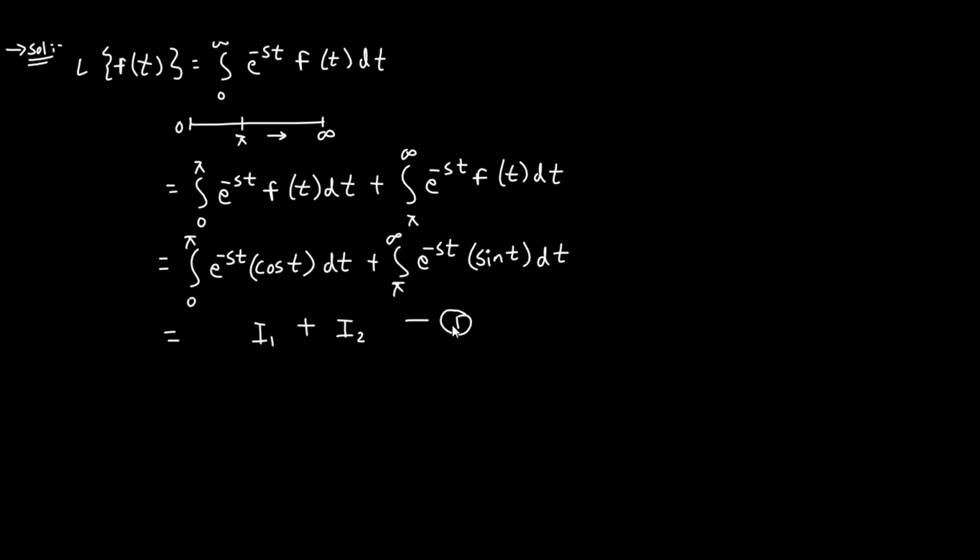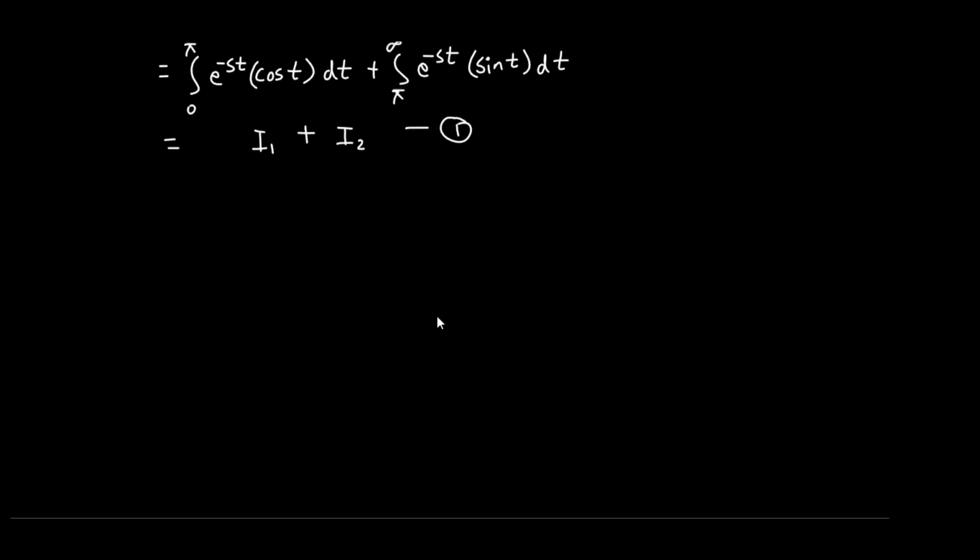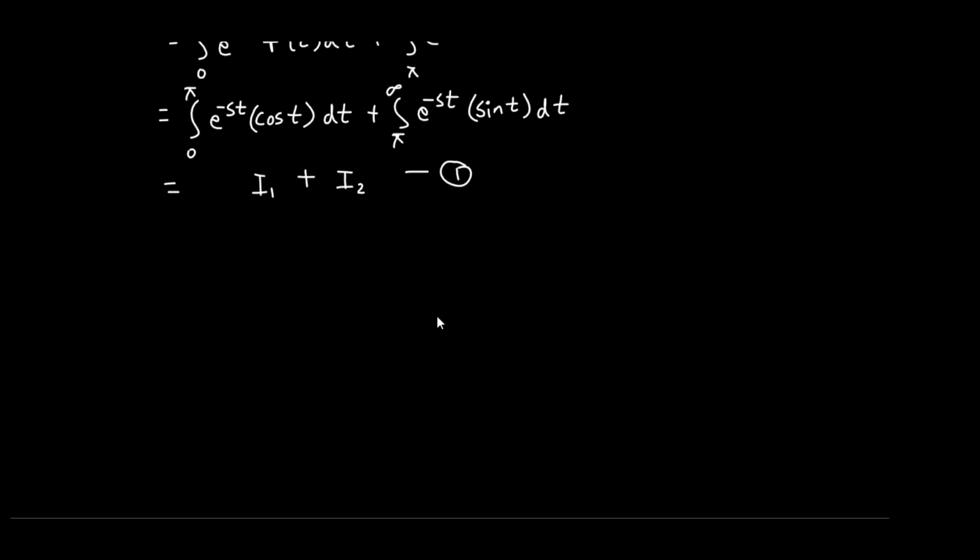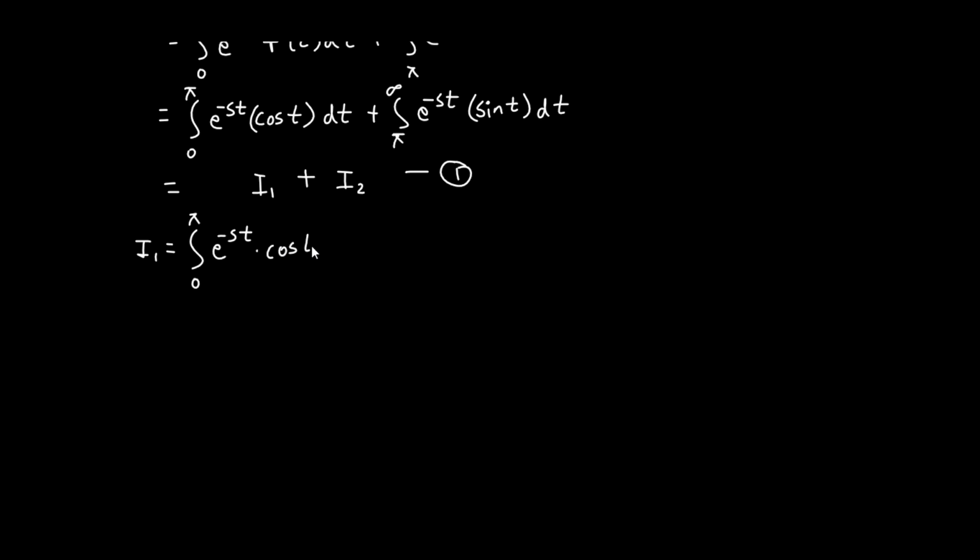So we will first solve I1, then we will solve I2, and then we will add. We can minimize the mistakes by doing this. So we will start with I1. I1 is integration 0 to pi e raised to minus st cos t dt.